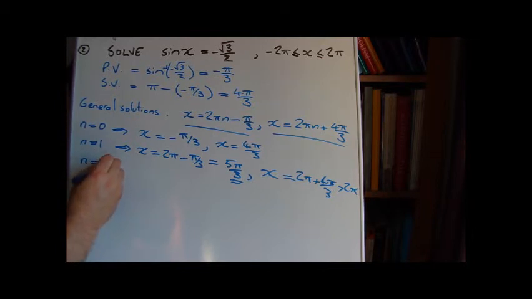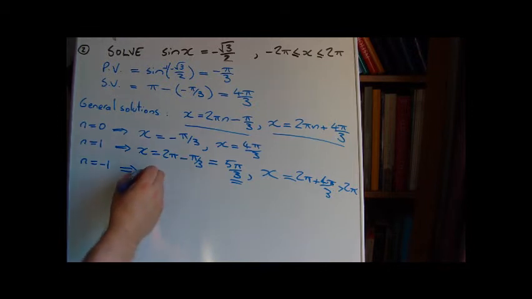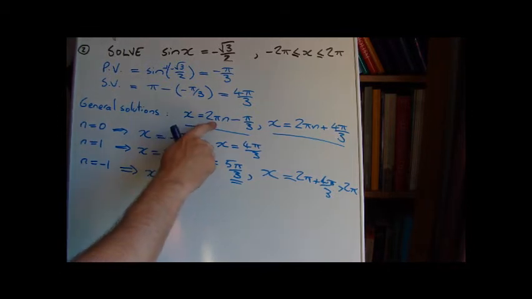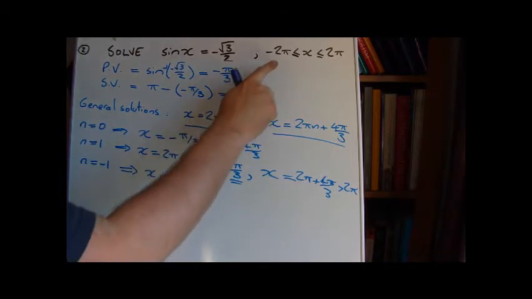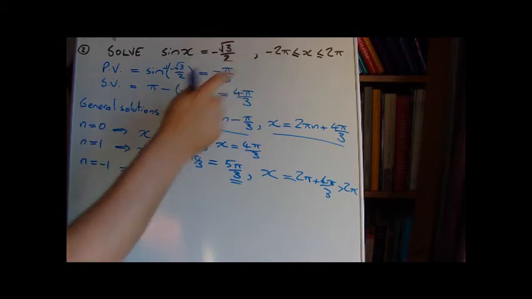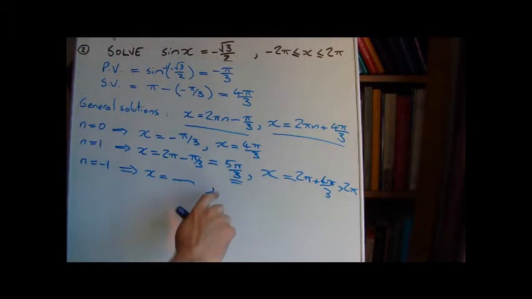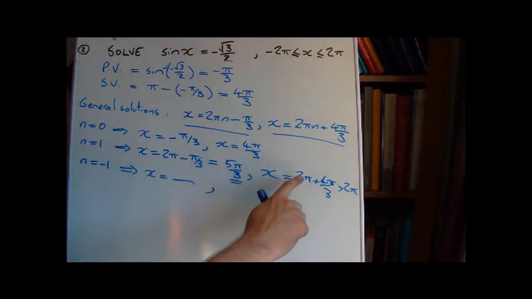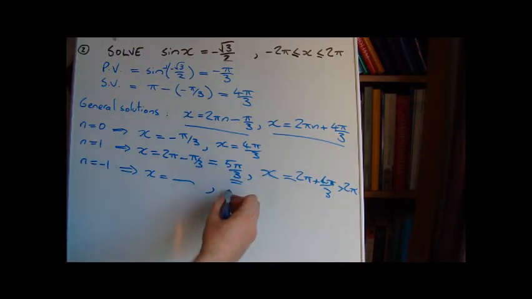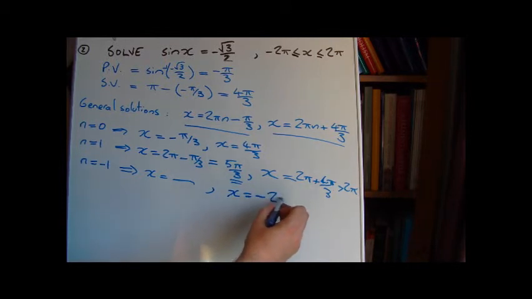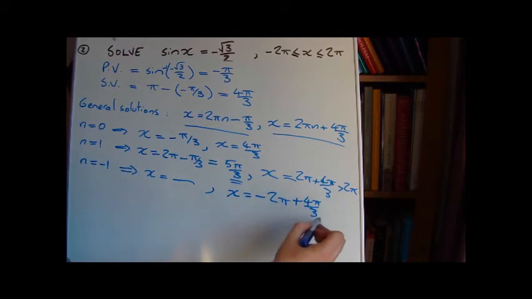So we'll try negative values. We'll go the other direction. With minus 1, in the first we'll get minus 2 pi minus pi over 3. That's smaller than this value, so we don't need that one. If we put n as minus 1 into the secondary value formula, we'll get minus 2 pi plus 4 pi over 3, and this is an allowable value.